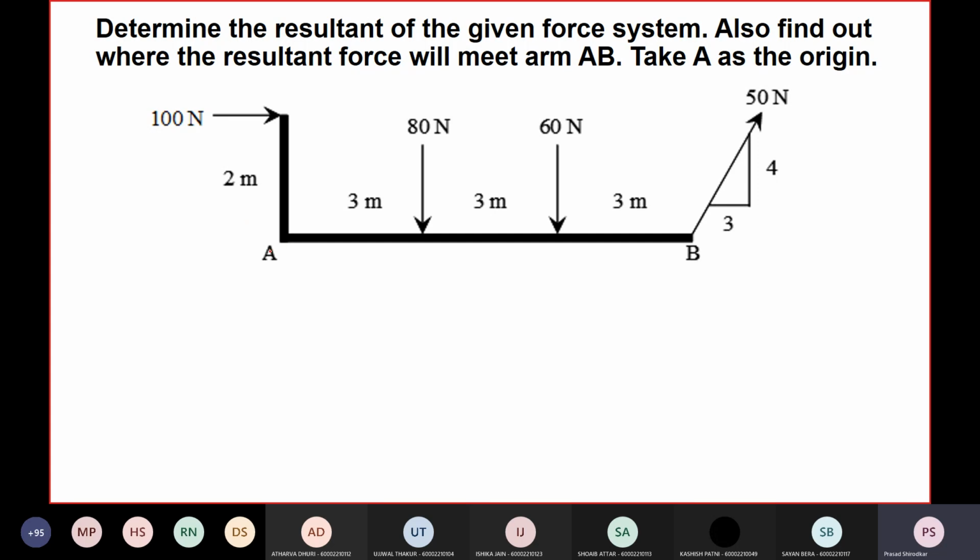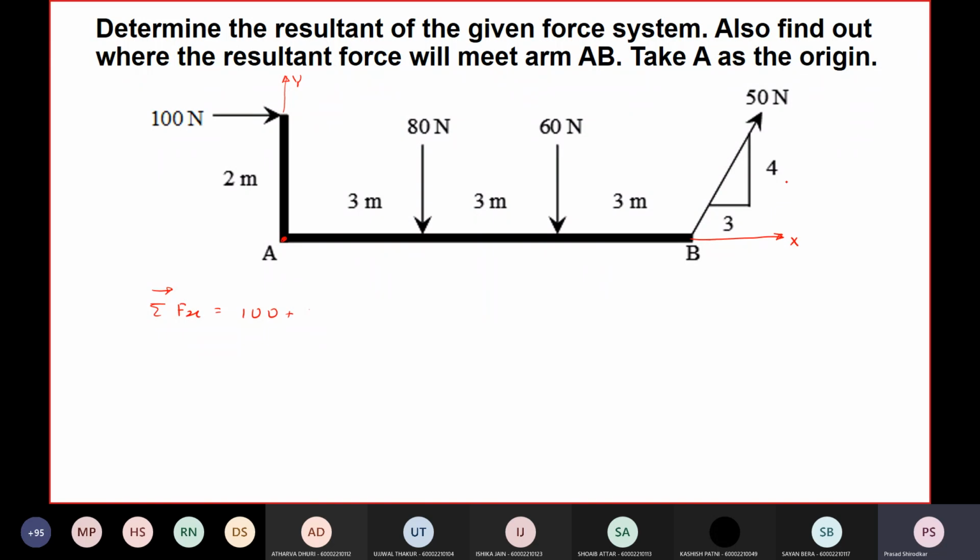Okay. So what I'm going to do, I'm going to take A as origin and AB as the x-axis and the vertical arm as the y-axis. So let's calculate summation Fx. Right hand side positive is equal to 100 plus 50.